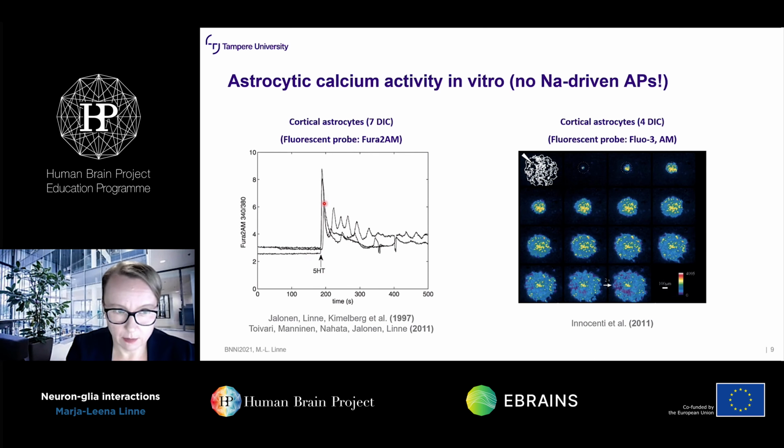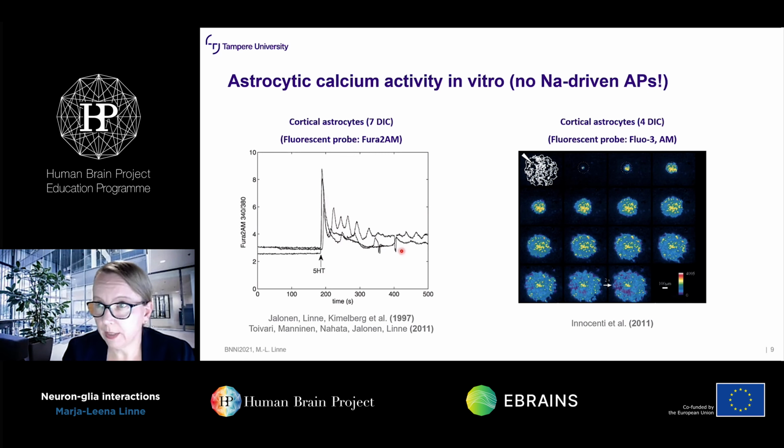And this spike that you see here is because of calcium, and most likely, as actually shown by our earlier modeling work 10 years ago, it's a complex process between cell membrane calcium ion channels and then the intracellular calcium mechanisms. And these calcium signals also oscillate.